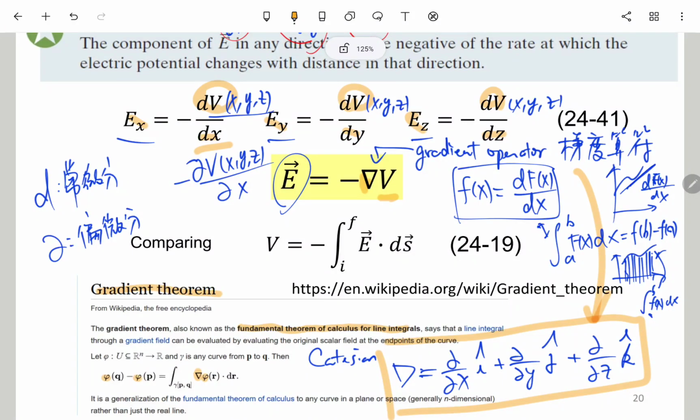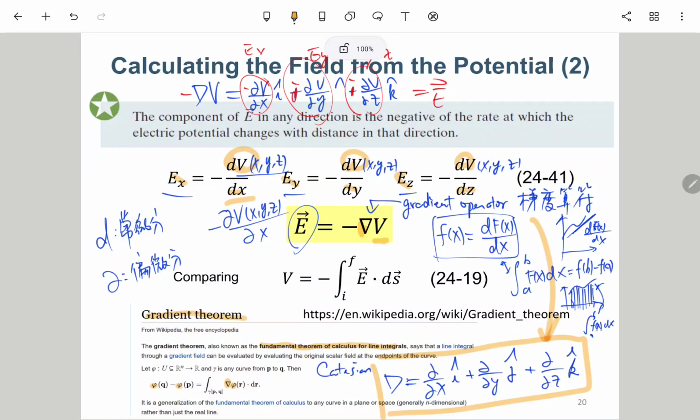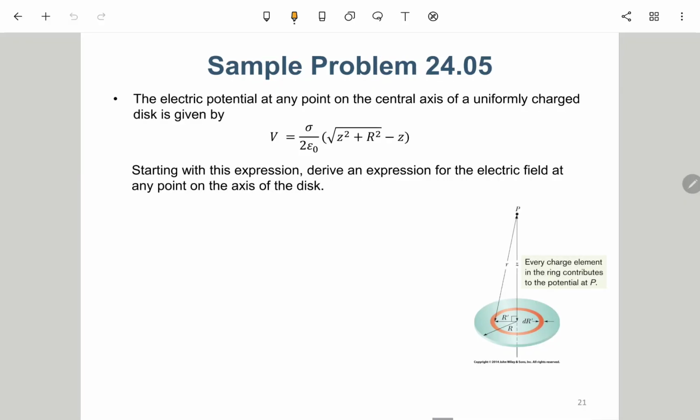So this is a generalized case of the one-dimensional fundamental theorem of calculus. Of course it's a little bit out of the scope of this course, but just to let you know if you are interested in the mathematics behind.